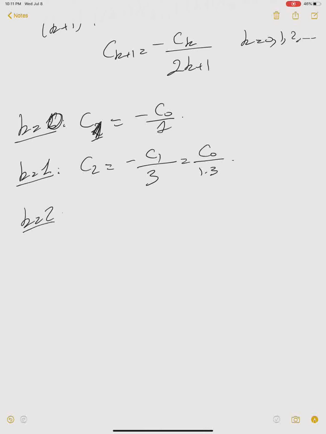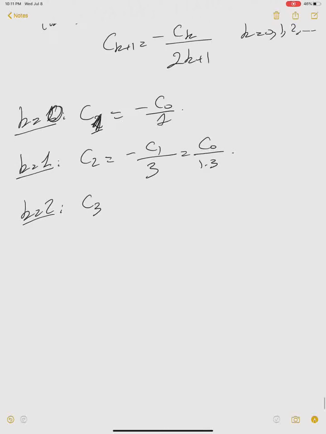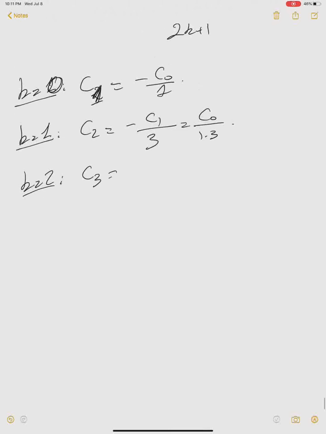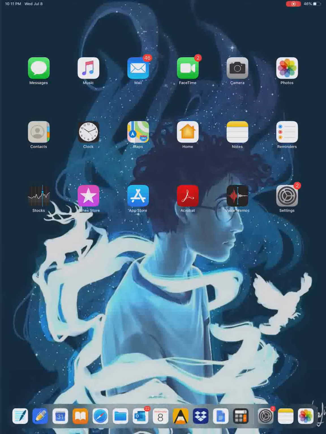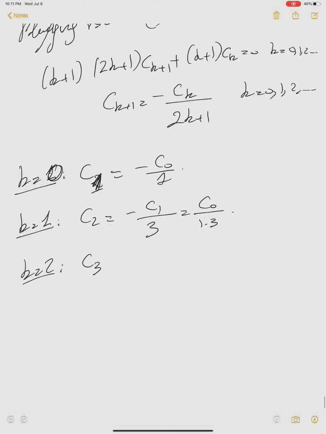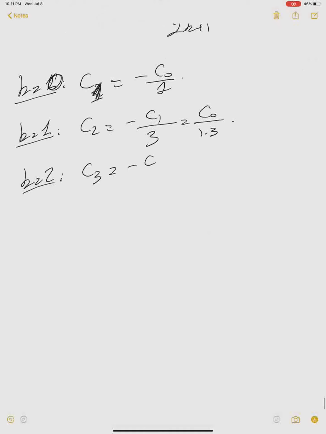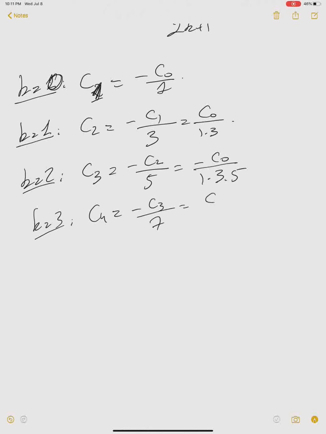K equal 2, c_3 equals minus c_2 over 5, which is minus c_0 over 1 times 3 times 5. And I think here the pattern is easy. c_4 is equal to minus c_3 over 7, which is c_0 over 1 times 3 times 5 times 7.